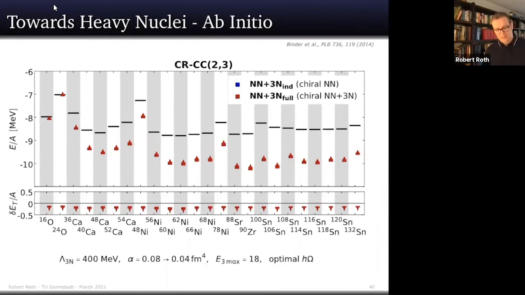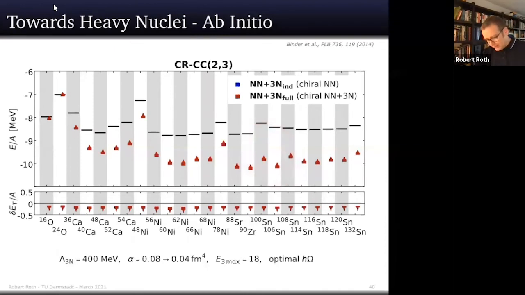We are happy and accurate enough with the many-body calculation itself, with the solution of the Schrödinger equation. But now we have to worry about the Hamiltonians that we are using. Obviously, this particular chiral Hamiltonian that I've used here is not suitable, not accurate, for the description of these heavy nuclei. You get significant overbinding.